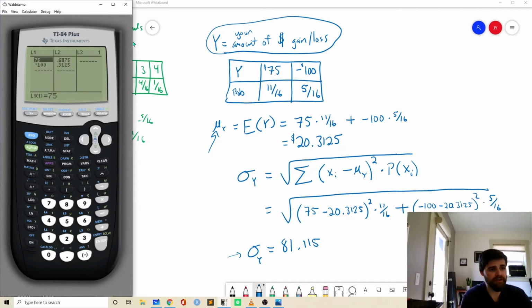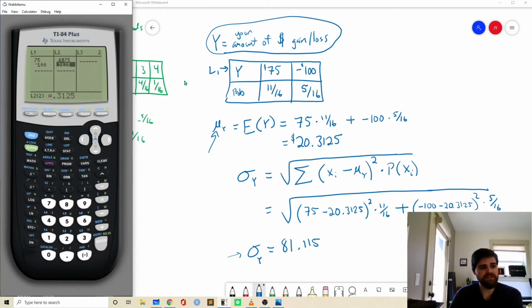So you can see what I've done here. List 1 is the possible values of y, either positive 75 or negative 100, two possible things we can win. And then I've got the probabilities of each in here. You can see this is a decimal, but I just typed in 11/16 and it changed it to a decimal for me.